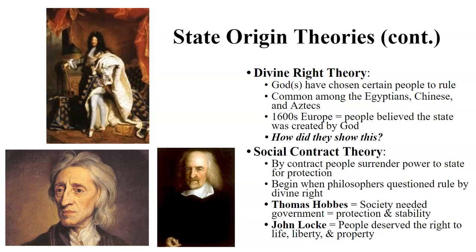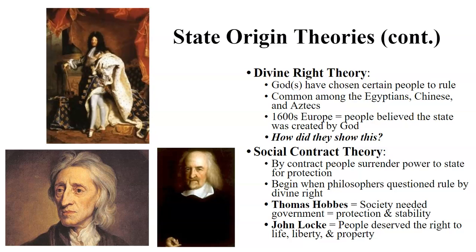But the idea of divine right theory is that a god or gods have chosen certain people to rule. Okay, depending on which culture you're looking at, if they're monotheistic or polytheistic, you're looking at that chosen family to rule. Like in the case of the Egyptians, the Chinese, 16th century France, and 17th century France, and so forth. So it's the idea that they've been chosen to rule by God.